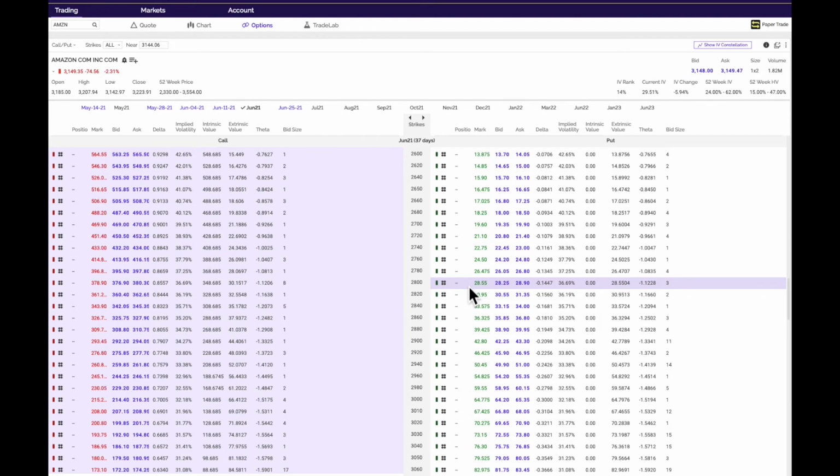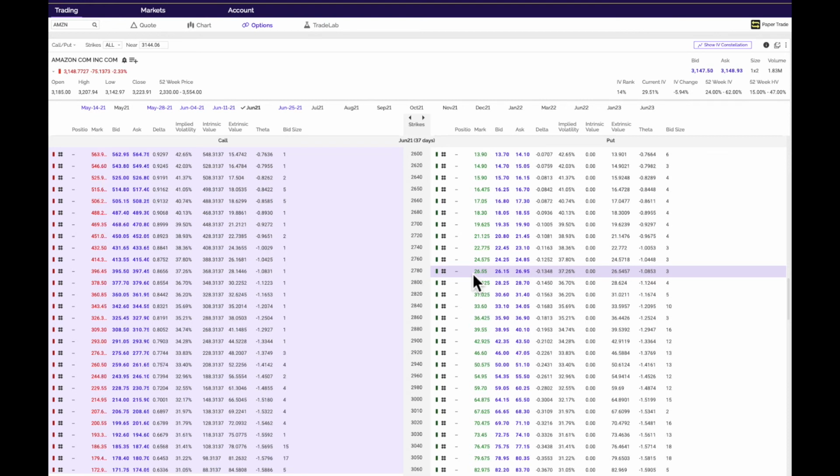For the short side that you would be selling, you would get paid $28.55. Well, it's a moving target, but let's go with $28.55. And then the long side that you'd be buying is going to cost you $26.50. So subtract $26.50, and that means your net proceeds are going to be $2.05 a share.